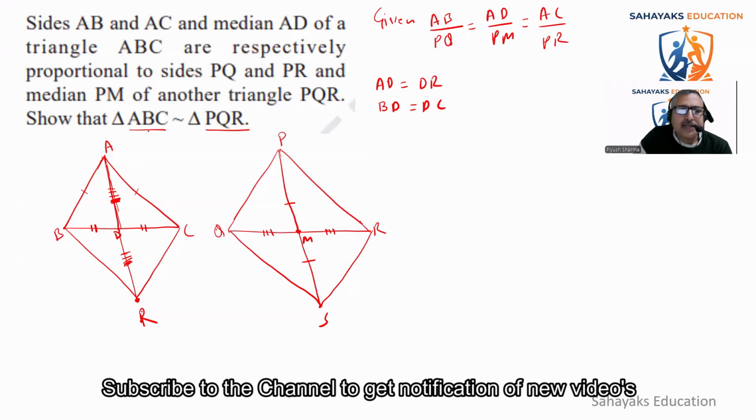We have to prove that triangle ABC is similar to triangle PQR. Now ABRC is a parallelogram, and PQSR is a parallelogram.